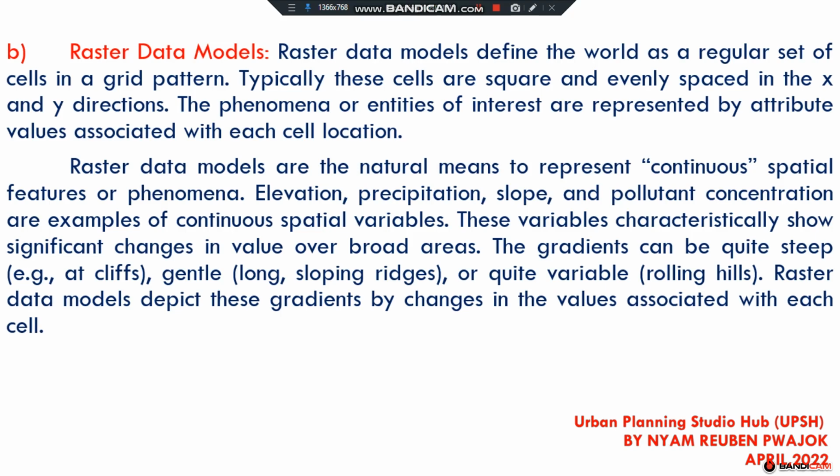The raster data model basically comes in images. They are images. So now we'll say that a raster data model defines the world as a regular set of cells in a grid pattern. Now there's something we call pixels. Resolutions: when you're using your smartphones, the smartphone comes with resolutions. Similarly, do you know that when you take a snapshot of yourself or someone, or a selfie, with a device or a smartphone, the smartphone does not actually read an image?